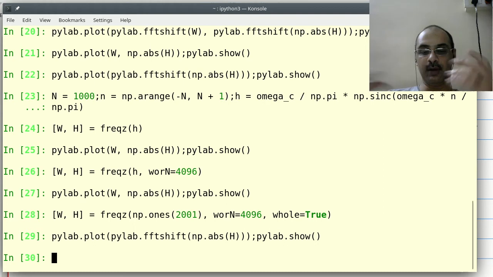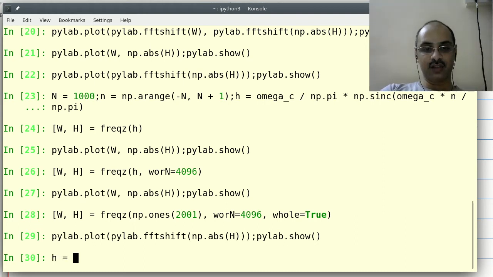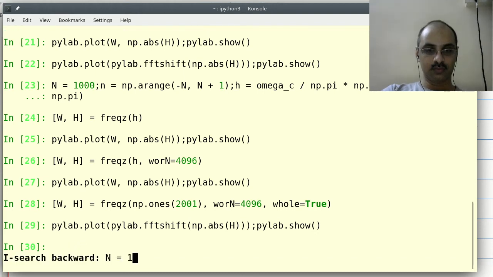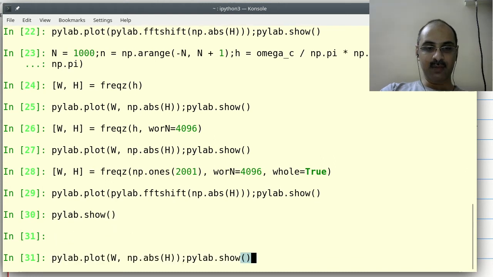Let's look at the time domain version of your filter.